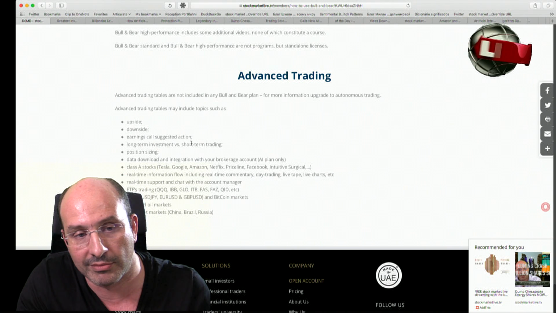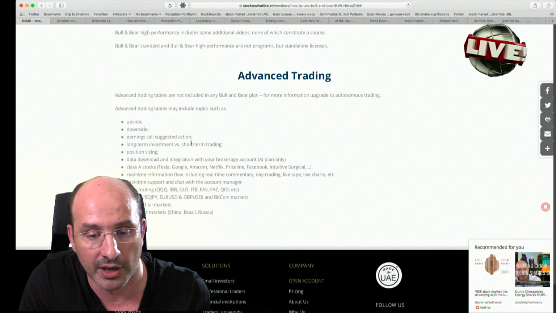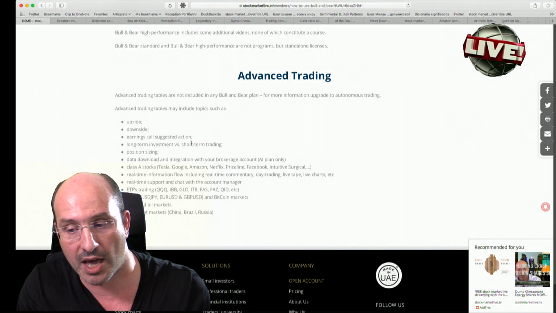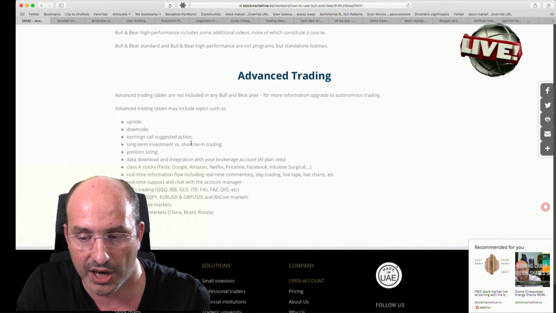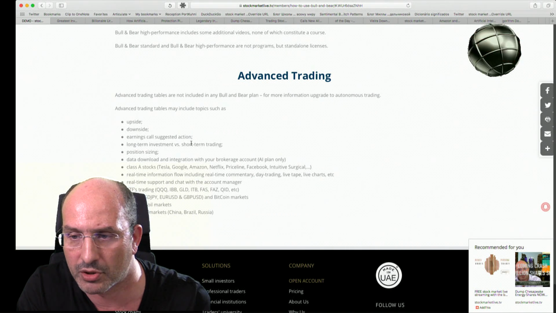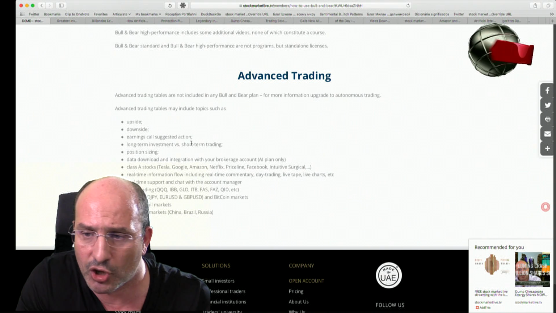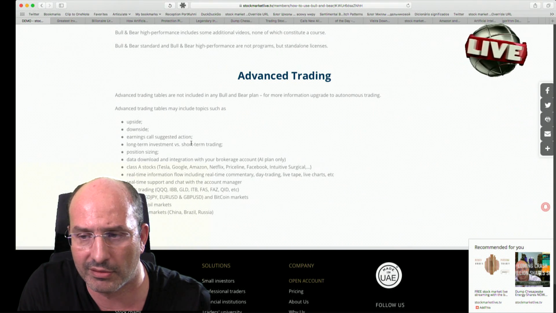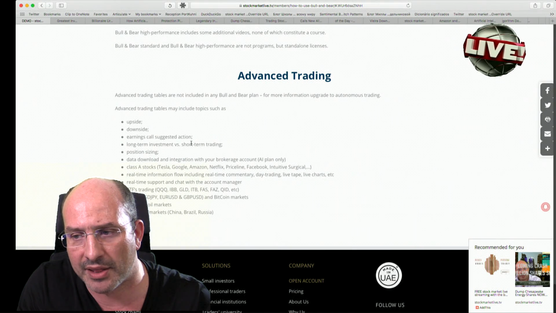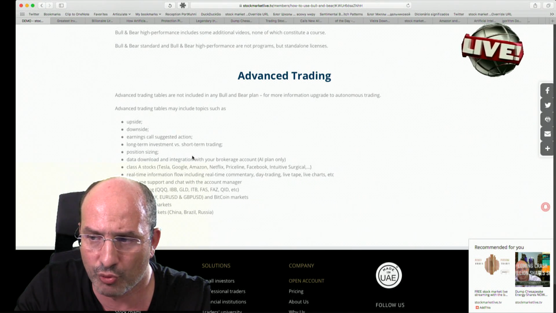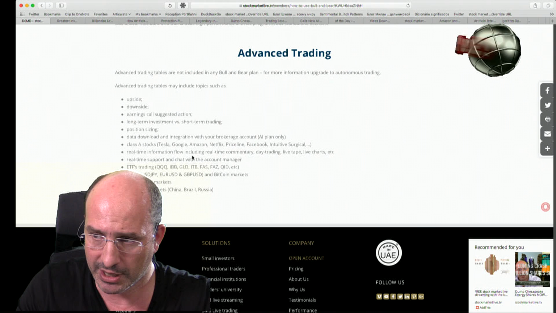Okay, this is, for example, particularly interesting for those that have been investing recently in the case of Nvidia, okay, a very important one. Position sizing, you have lessons also explaining. The data can be downloaded and integrated with your brokerage account, okay.